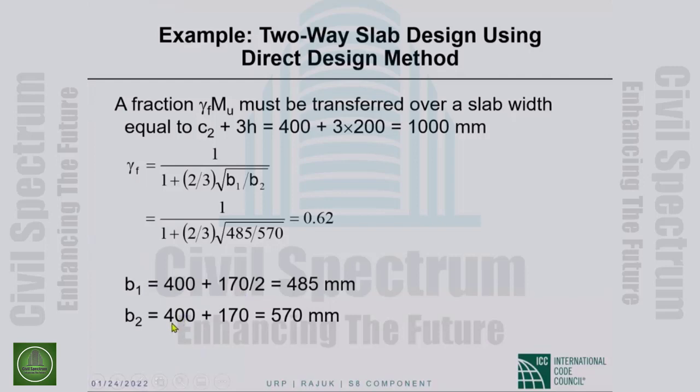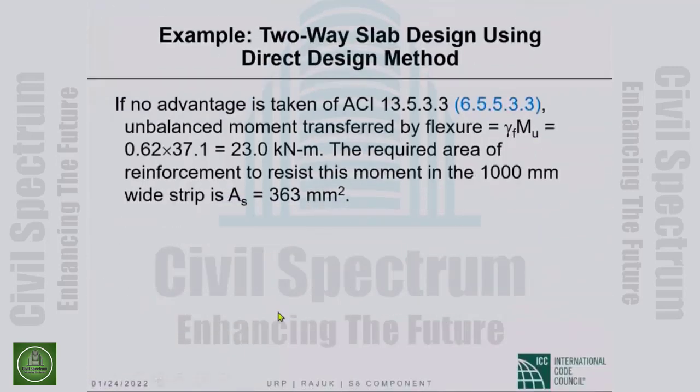The other dimension is the column dimension plus the full effective depth of the slab. So 570 and 485, that gives us the 0.62. So for now, the 0.62 is partly based on trust that those are the values of b sub 1 and b sub 2.